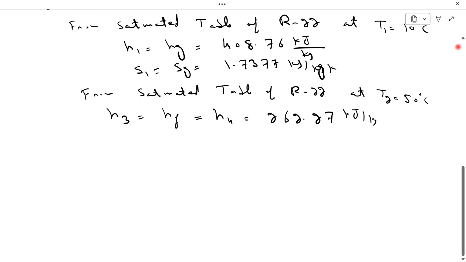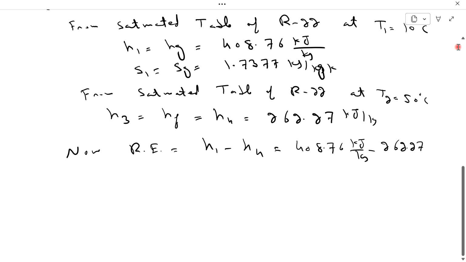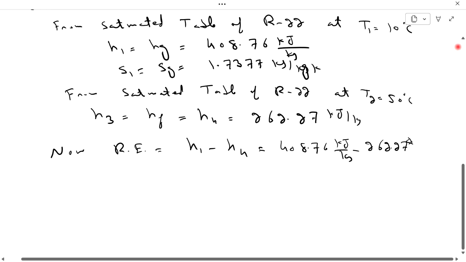Now we can find the refrigeration effect, which is equal to H1 minus H4, which is 408.76 kilojoule per kilogram minus 262.27 kilojoule per kg.